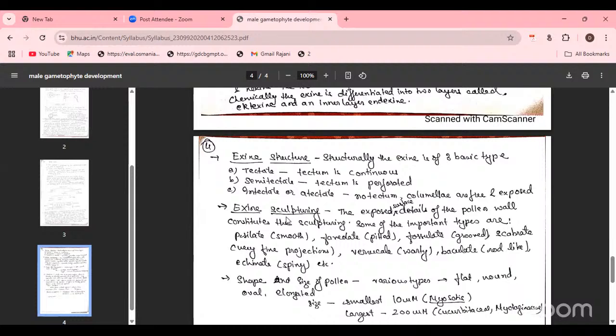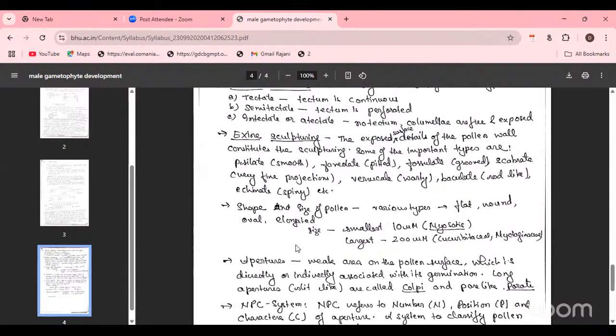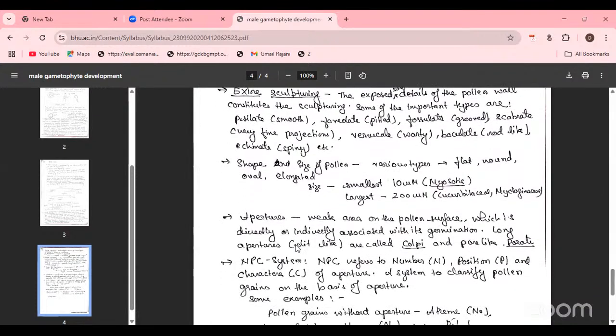Psilate is the smooth type. Next, reticulate, a pitted-like structure. Foveolate, a grooved structure. Scabrate, very fine projections. Verrucate, a wavy structure. Baculate, a rod-like structure. Echinate, a spine-like structure. These are all the different shapes and sizes of pollen grains.